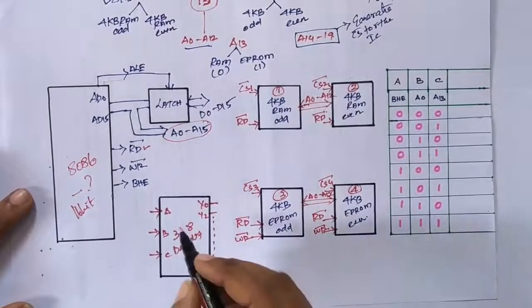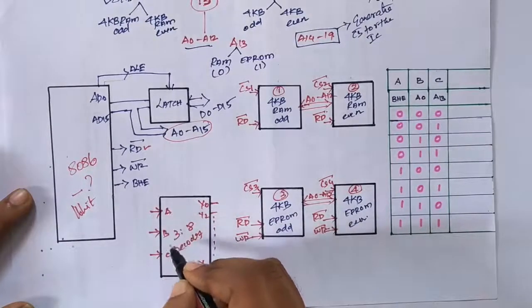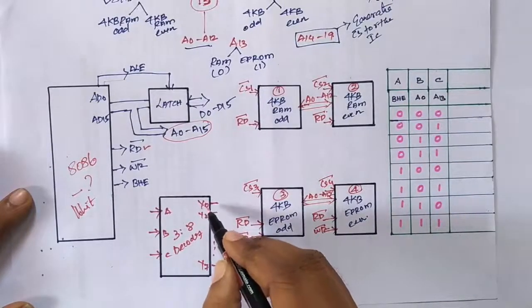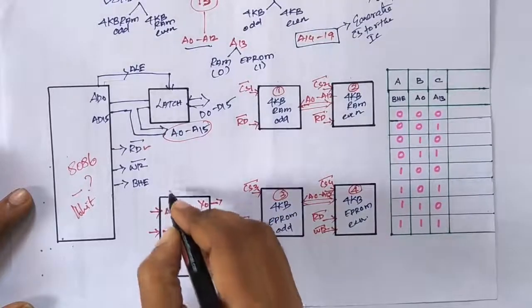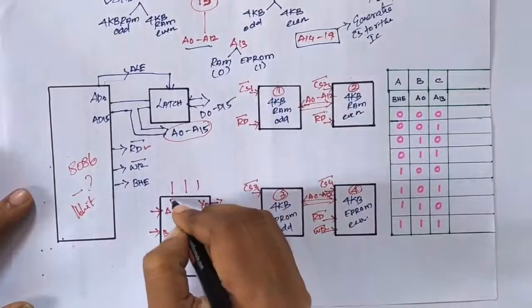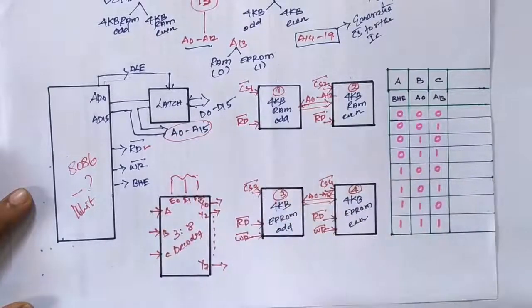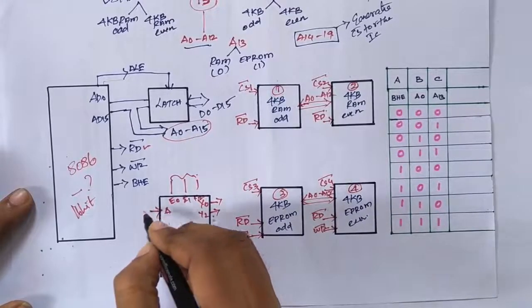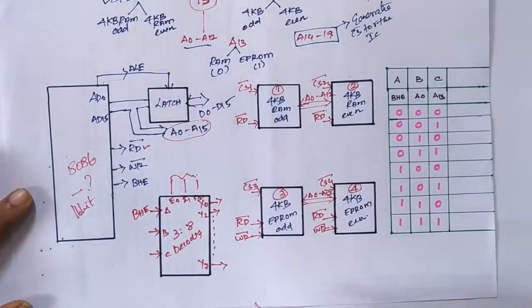For your information, my 3:8 decoder consists of 3 inputs A, B, C, and 8 outputs, starting from Y0 and going up to Y7, and it has 3 enable lines, E0, E1 and E2. With these 3 enable lines we can enable the 3:8 decoder. The A input is connected to the bus high enable pin available in the processor.